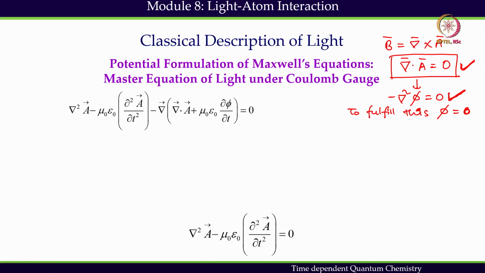In fact, here the selection of gauge is more like an ad hoc selection. Suddenly we are just assuming, let us assume this way. But there is a rigorous mathematical derivation, which is called gauge transformation, which I am not showing here.